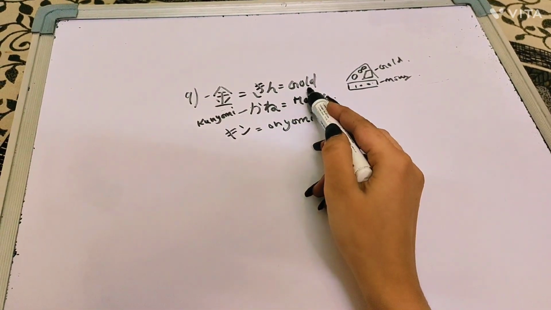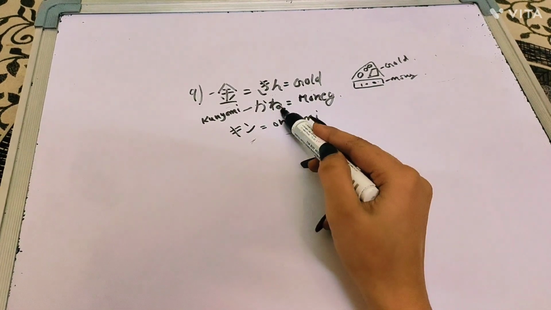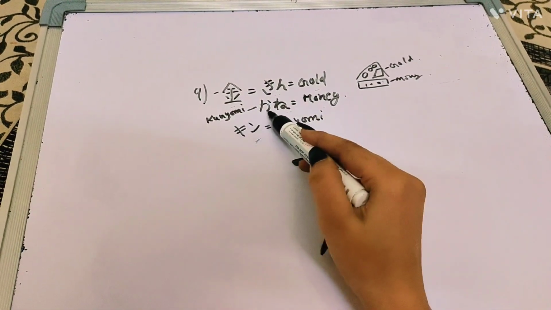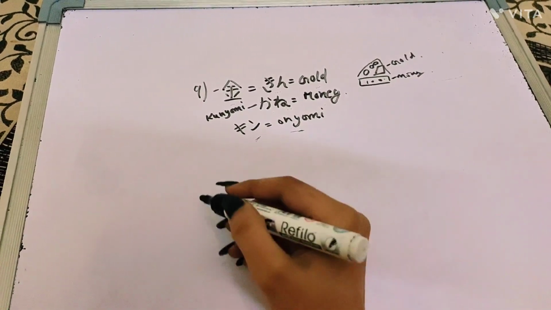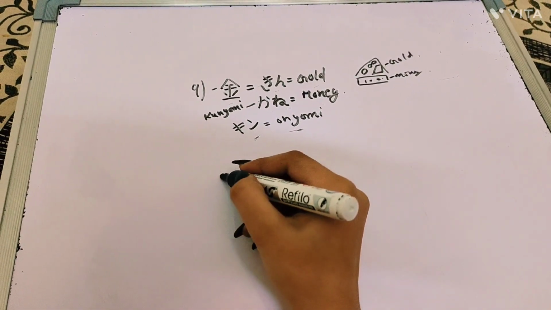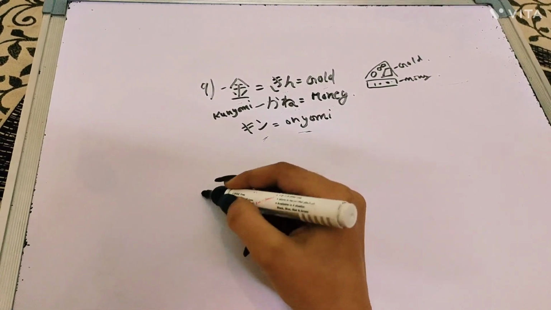Our next kanji is kin and kane. Kane is a kunyomi and the onyomi is kin. Kin is gold and kane is money. Now let's draw the kanji with me, minnasan.